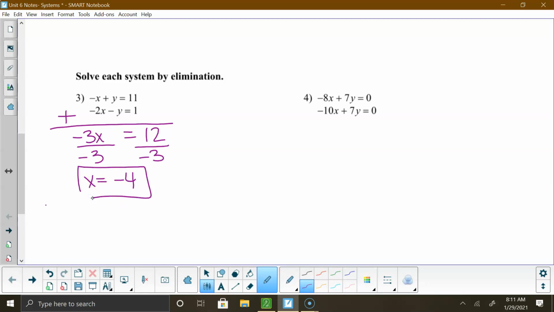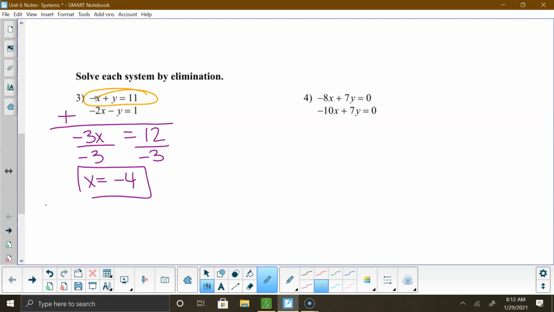Now what do I got to do? Yeah, now I got to solve for y. Does it matter which equation I plug x is negative 4 into? Go with your easiest one, though. The one with the least amount of coefficients.